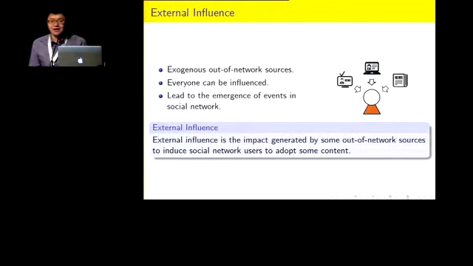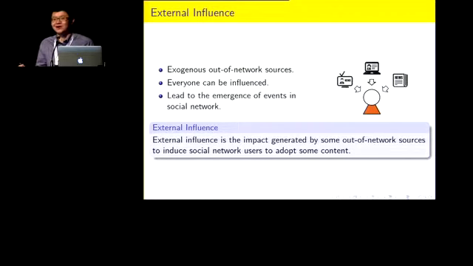And next, according to recent studies, the user in the social network can not only receive information through social connections, but also through out-of-network sources, such as TV stations and newspapers. These out-of-network sources can influence everyone in the social network.